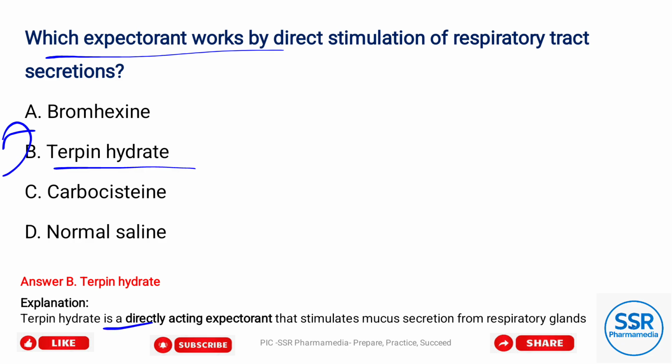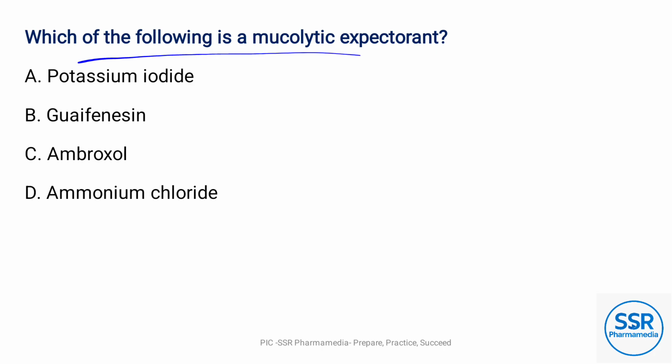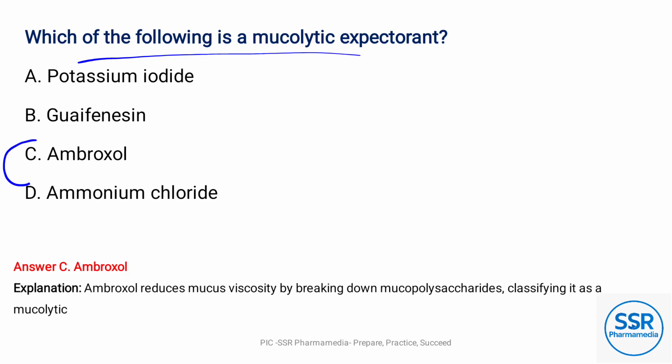Terpene hydrate is a directly acting expectorant that stimulates mucus secretions from respiratory glands. Which of the following is a mucolytic expectorant? Option C, ambroxol. Ambroxol reduces mucus viscosity by breaking down mucopolysaccharides. It is classified as a mucolytic agent.